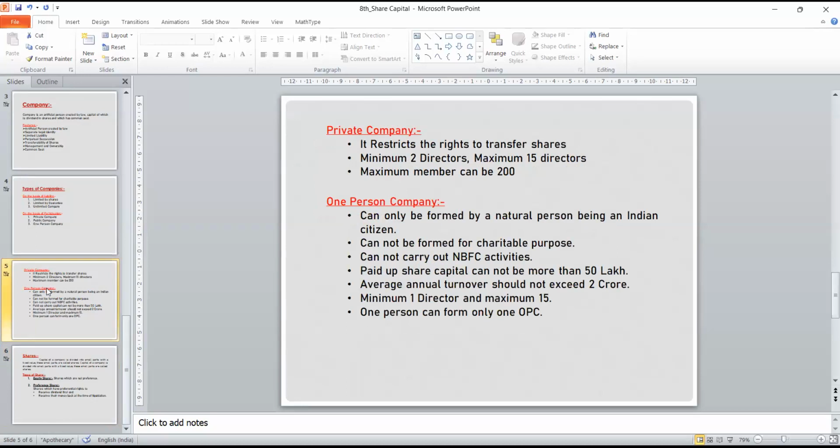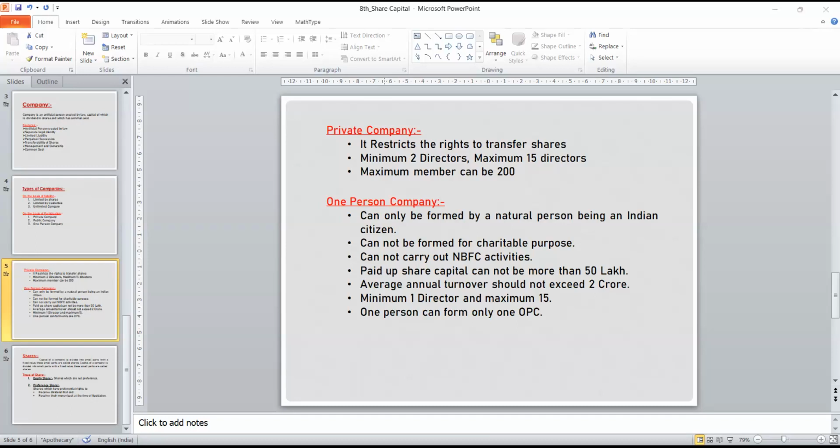Okay. So we were discussing types of preference share. So I'm sharing with you some data.